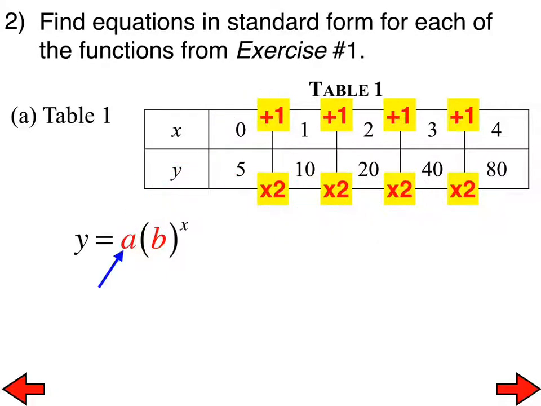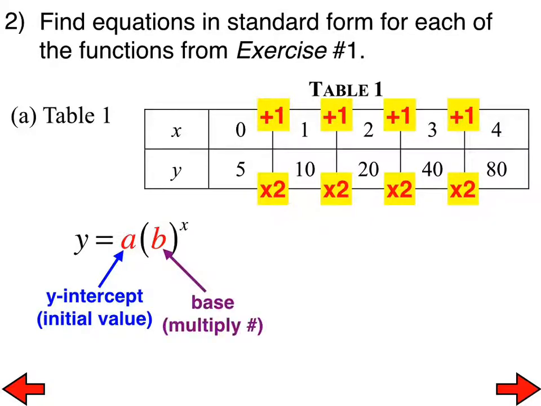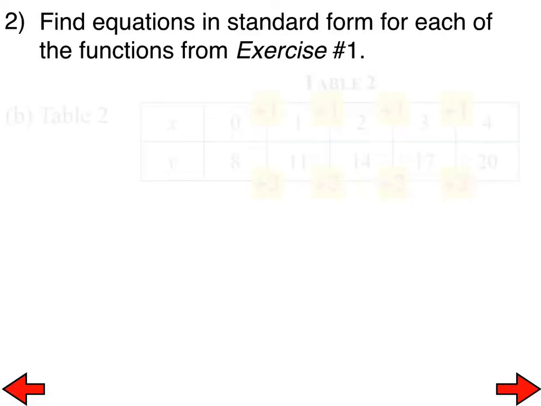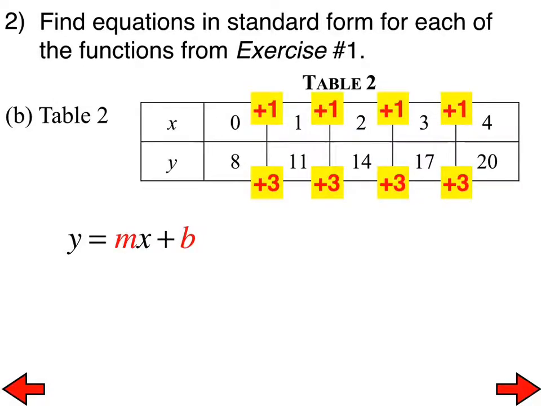So that gives us an exponential function of y equals 5 times 2 to the x power. That should have been extremely easy. For table number 2, we decided that it was a linear function. And remember, all linear functions are in slope-intercept form, or in the form y equals mx plus b. b, from a long time ago, is the y-intercept, or as we later called it, the initial value.